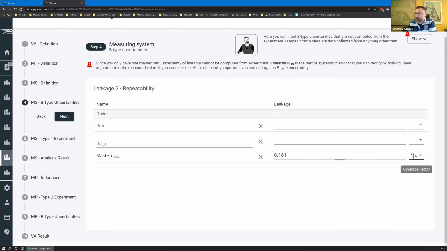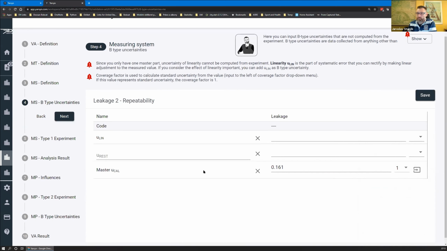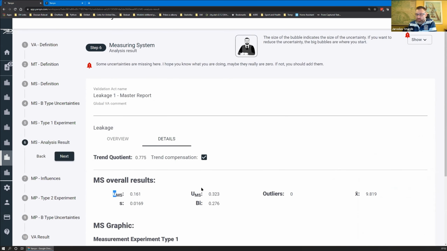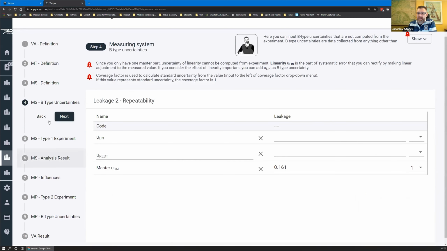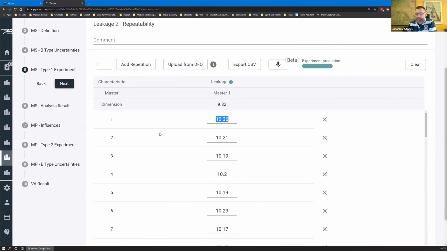So the coverage factor is 1. If I would be using this capital U, MS, I would write there this value and the coverage factor would be 2, yielding the same result in the end. And I would do the standard type 1 study, the repeatability study on a master.